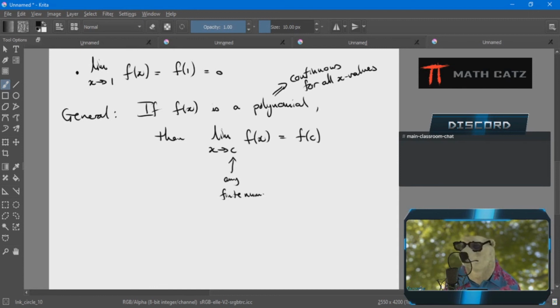Any x value that I'm interested in approaching, the y value will just go towards the corresponding y value of the point on the graph. Nothing strange is happening. So the limit just covers the basics. Where there is no issue, I could still ask a behavior question if I really wanted to, but it's kind of silly because it's just plugging in the x value. Okay.